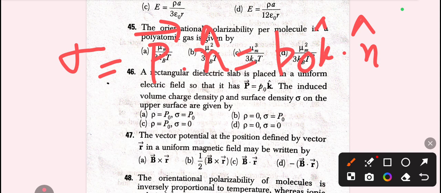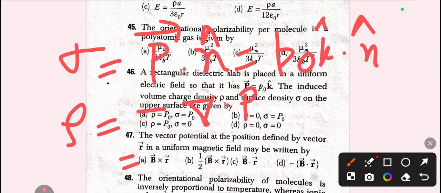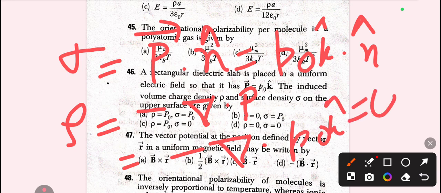And the volume charge density rho equals minus del dot P, which equals minus del dot P naught K, which comes out to be 0.